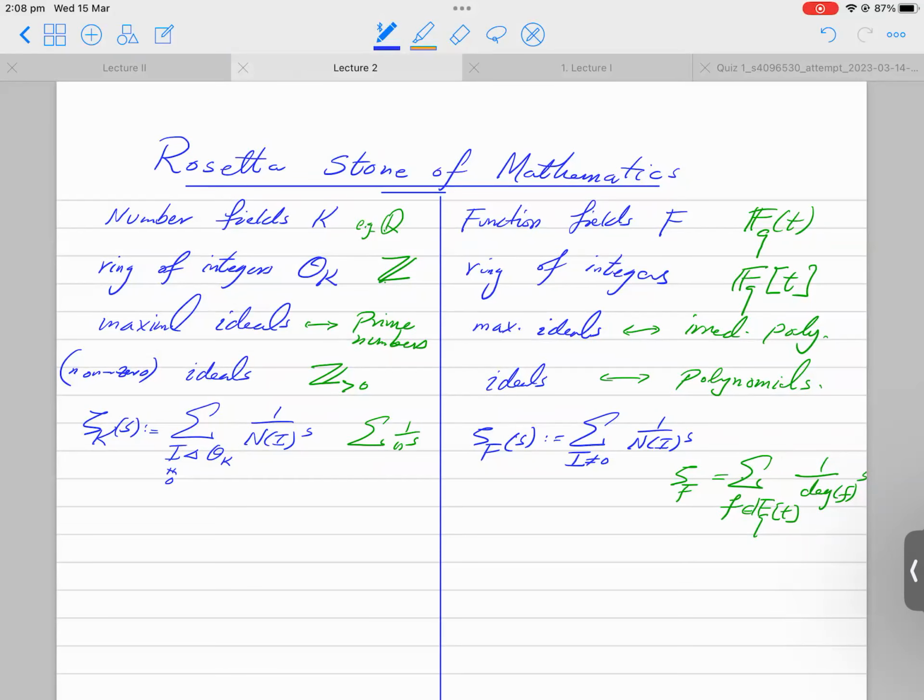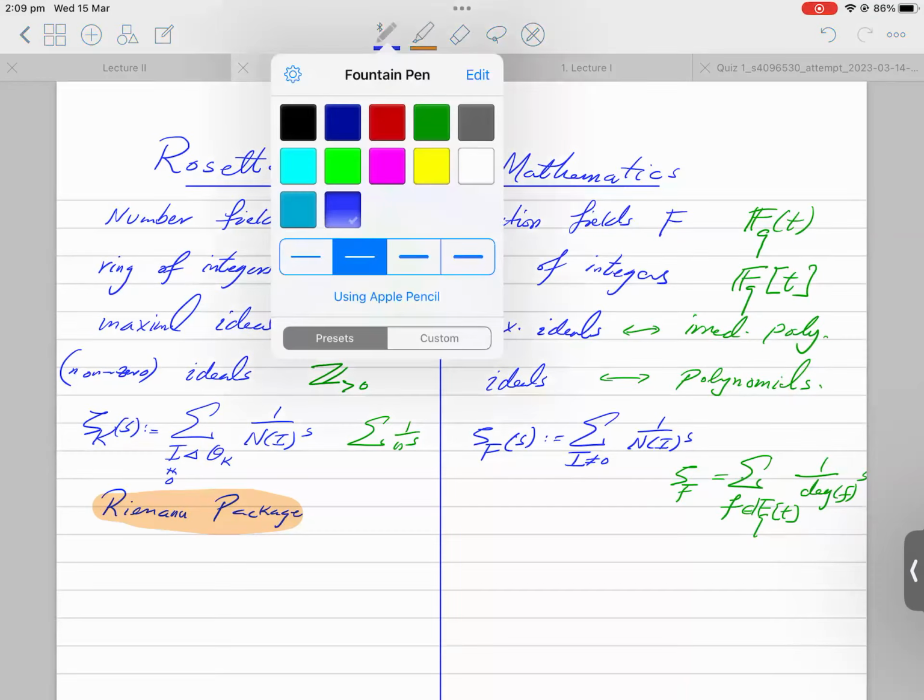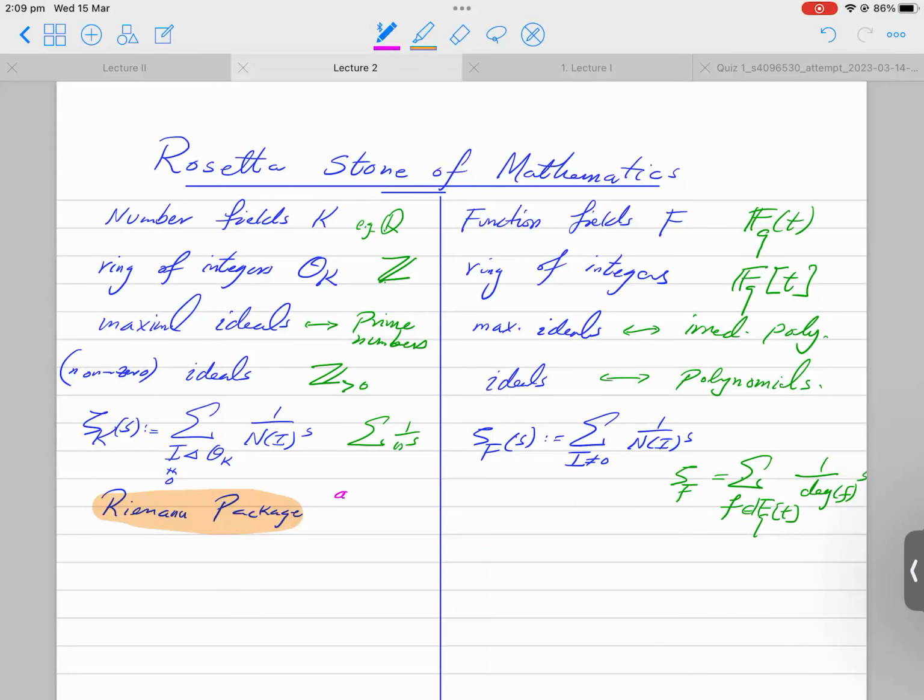All right, so now we have the Riemann package, so to speak, on either side. The Riemann package here is what we define it to be: the analytic continuation of the zeta function, a functional equation, and the Riemann hypothesis.